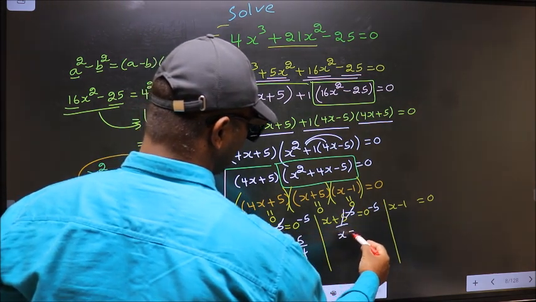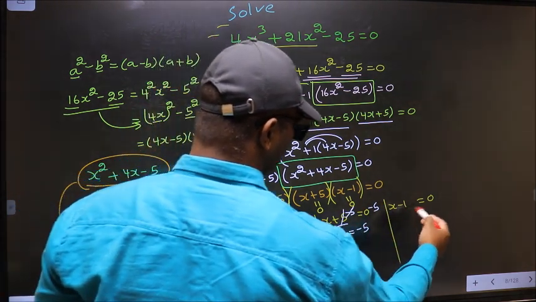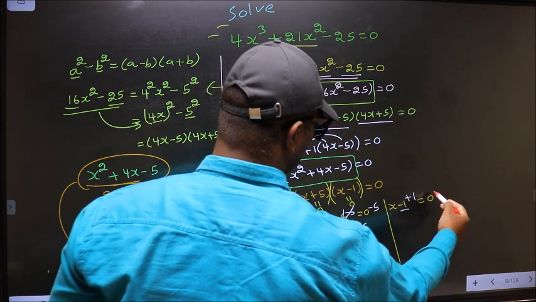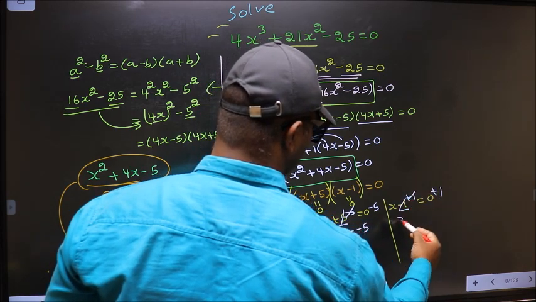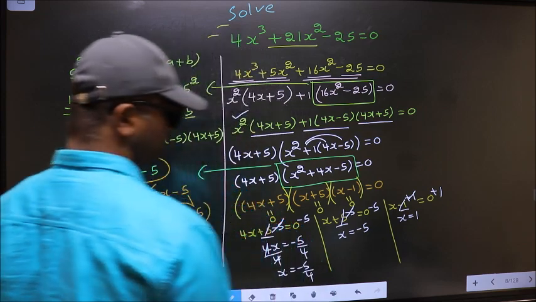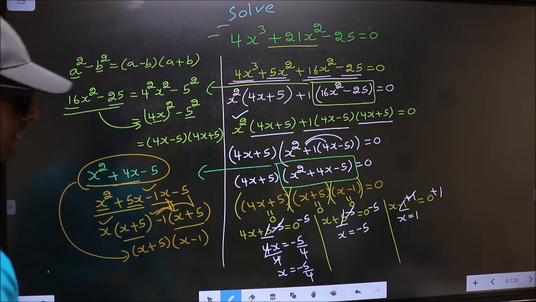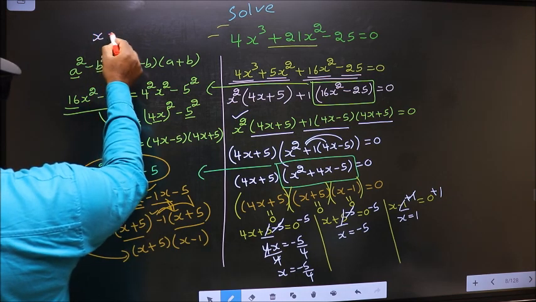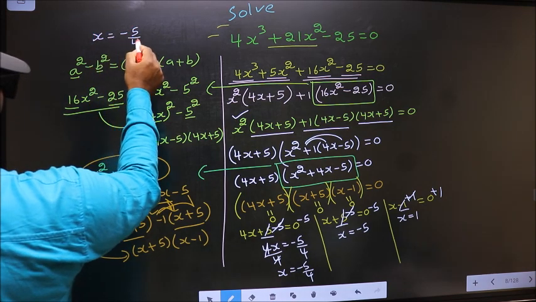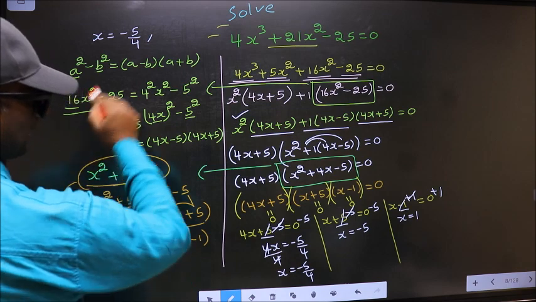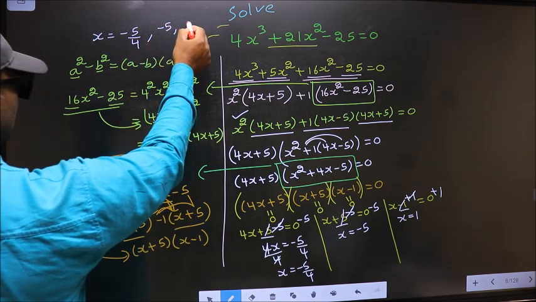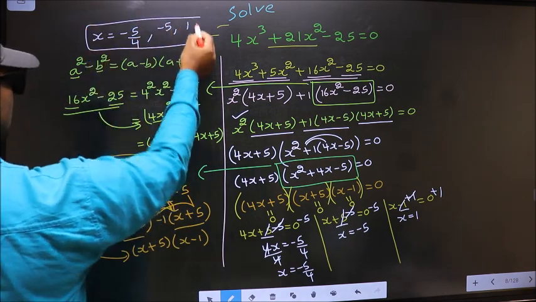We get x = -5. Now here remove -1, so add 1. So we get x = 1. So the x values that we got are -5/4, -5 and 1. This is our answer.